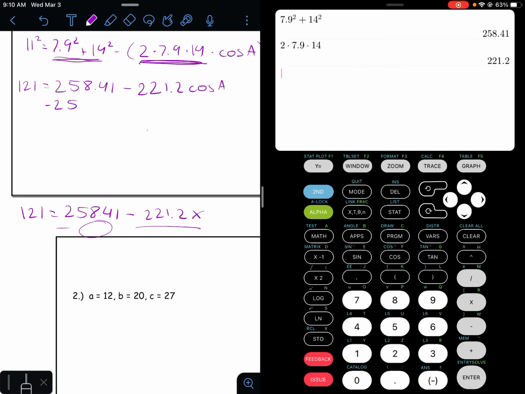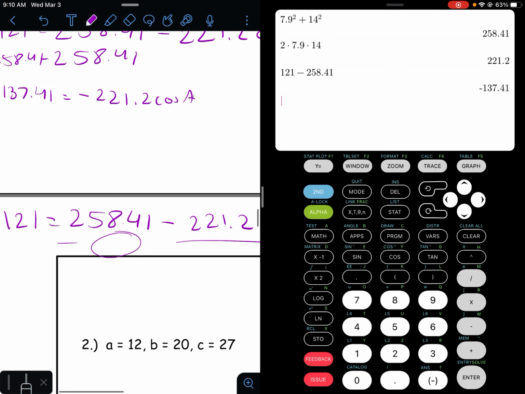So we're going to subtract 258.41. So we'll do 121 minus 258.41. That's going to give us negative 137.41, and that is going to equal negative 221.2 cosine of A. So then to get that by itself, we're going to divide.